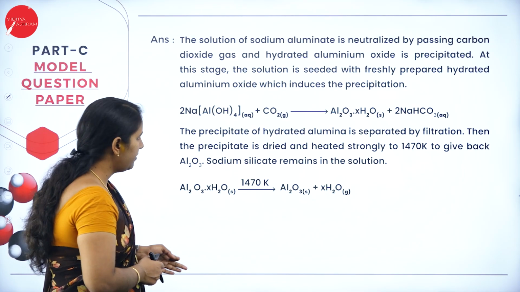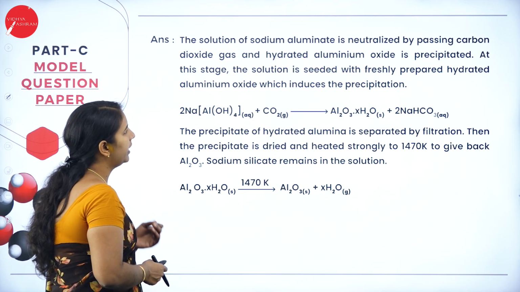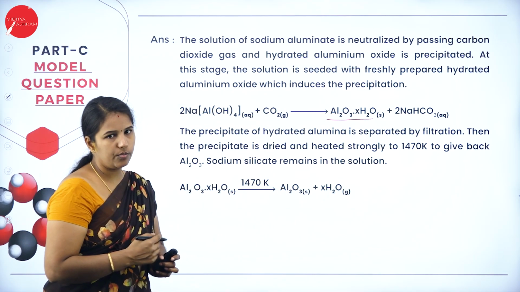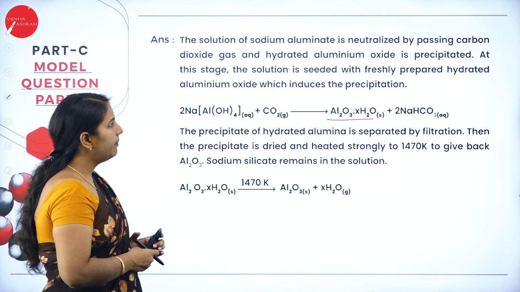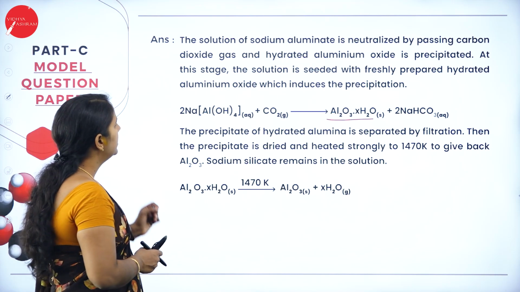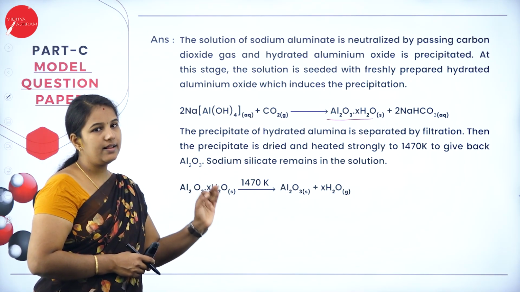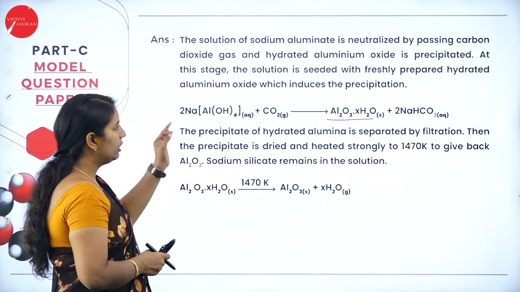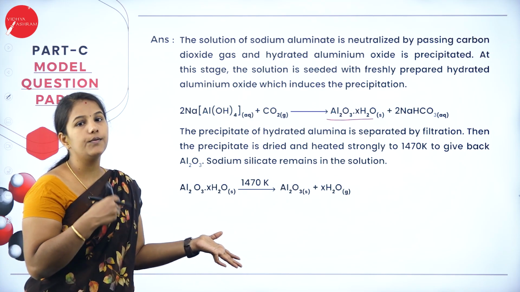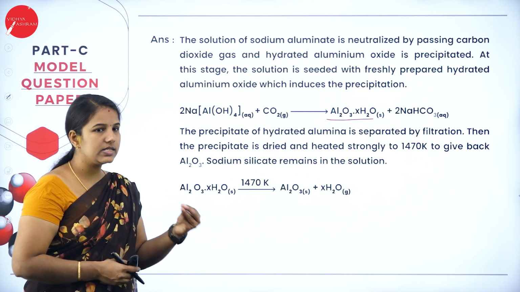In the next step, if you treat this sodium aluminate with carbon dioxide gas, you will get aluminium oxide, and sodium bicarbonate is also obtained. But in this step, seeding will be done. Seeding means they add freshly prepared aluminium oxide in order to increase the precipitation. That process is called seeding.